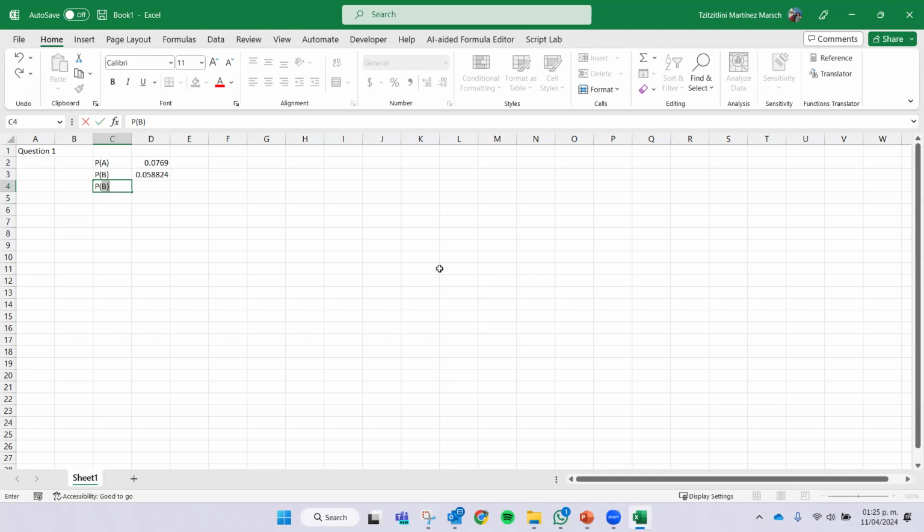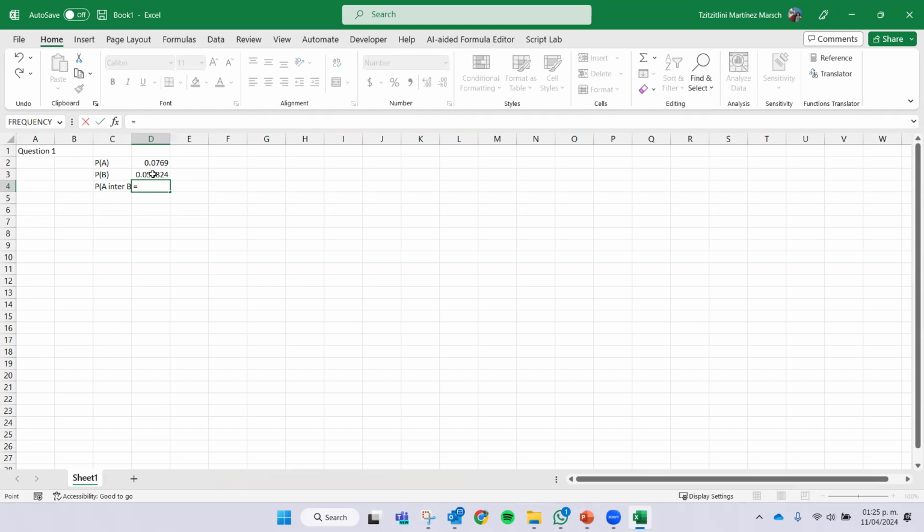Okay, so basically this is going to be the intersect of A and B. I don't have the symbol on my keyboard and I don't want to waste so much time getting it, so I'm going to write "inter" for intersect.